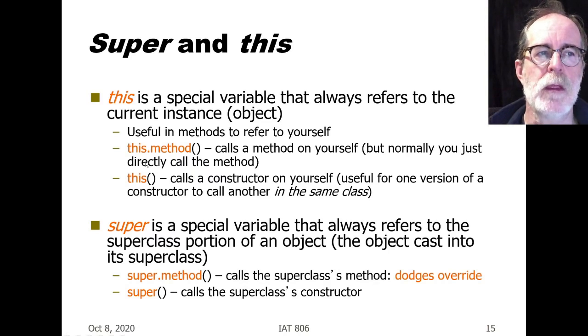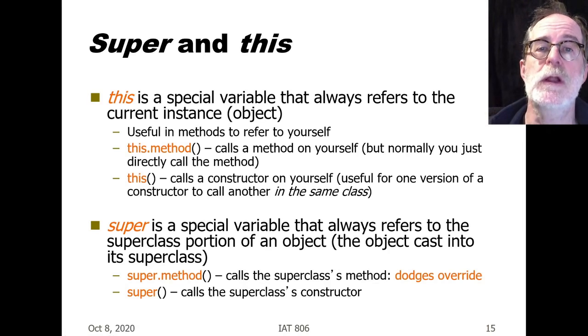And this, without an intervening method name, is a means of calling a constructor. You would do that within one constructor, typically to call another constructor that has more parameters. Inside a constructor with 0 parameters, you might call another one that has a bunch of parameters. The information you call that with is hard-coded values.